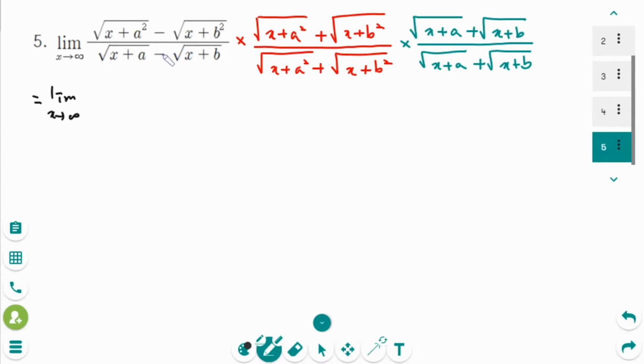In the numerator, expand these two, but keep the last one as is. So this one. So a minus b, a plus b. So a part squared minus b part squared, and then keep the last one as is.